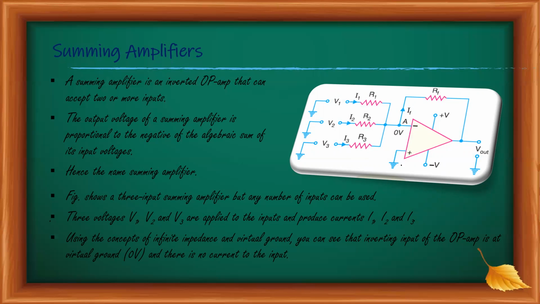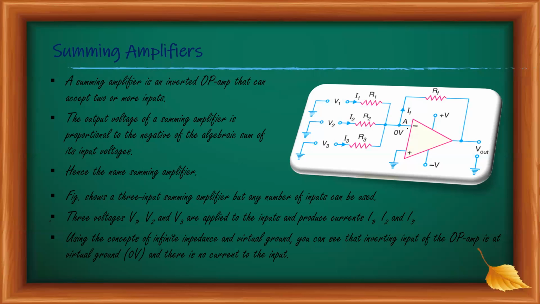We know that the positive terminal is at ground and the impedance between the 2 terminals of the op-amp is very high. So the voltage drop across this input must be 0, so this ground must appear at the negative input terminal. So we call it virtual ground. The virtual ground was discussed in the previous sessions.